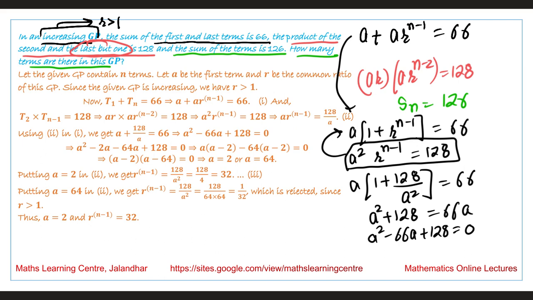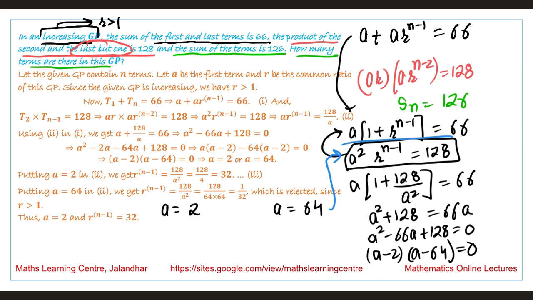If we factorize this, we get a minus 2 into a minus 64 is equal to 0. So this gives us two values of a, one value is 2 and the second value is 64. Now if we substitute this value of a in any one of these two equations, suppose we substitute in equation number 2, we get r raised to the power n minus 1 is equal to 32 or r raised to the power n minus 1 is equal to 1 by 32.